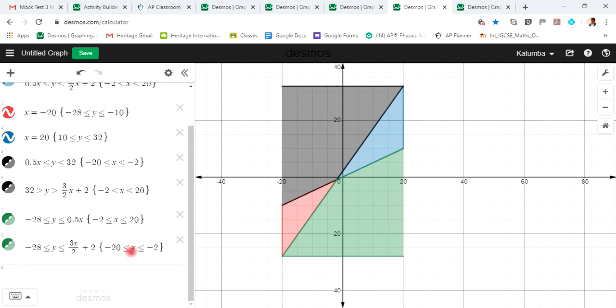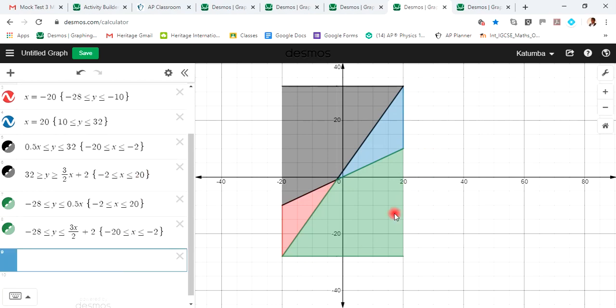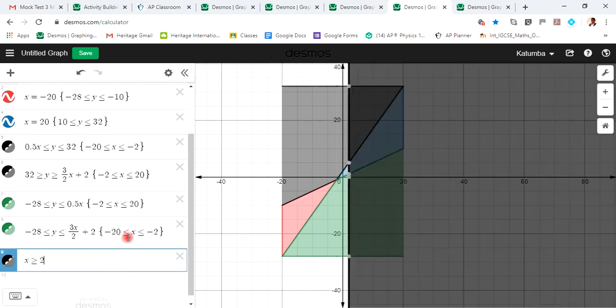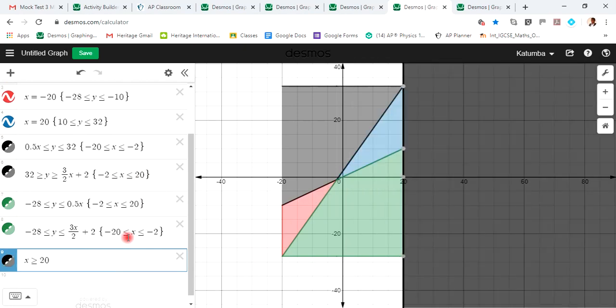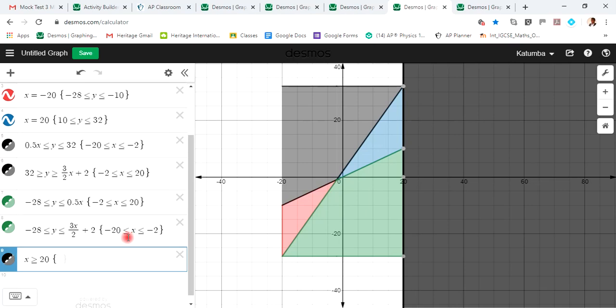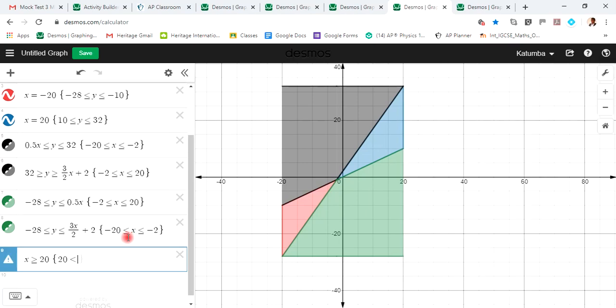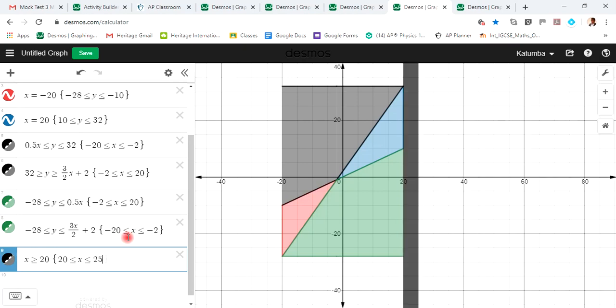The first one I'll use, if this is 20, is x is greater than or equal to 20, but I only want that shaded from x is 20 to x is, let me say, 25. If I do 25, it looks like it's too big, so I can cut it down and do 23. Still a bit big, I'll do 22 or even 21. I might go with 21.